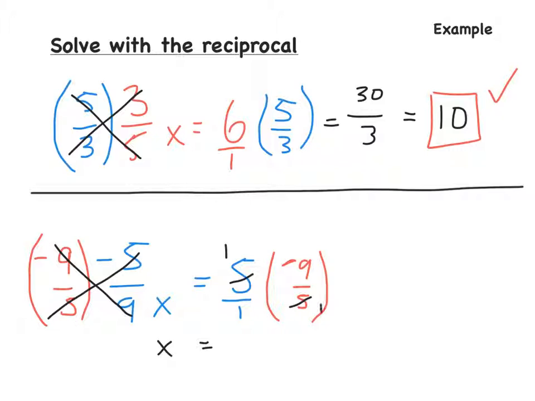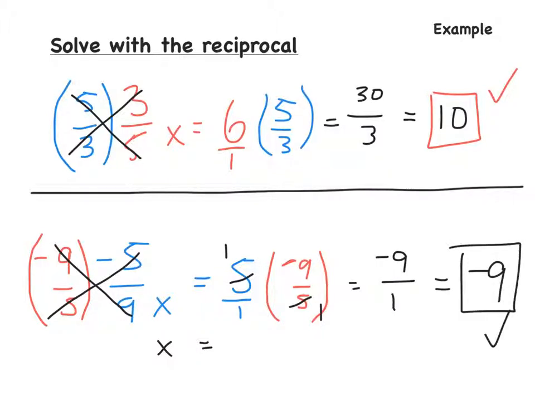So 5 divided by 5 is 1. Now let's multiply straight across. 1 times negative 9 is equal to negative 9, and 1 times 1 is equal to 1. If we want to simplify this, negative 9 divided by 1 is equal to negative 9. Thus, negative 9 is our final answer.